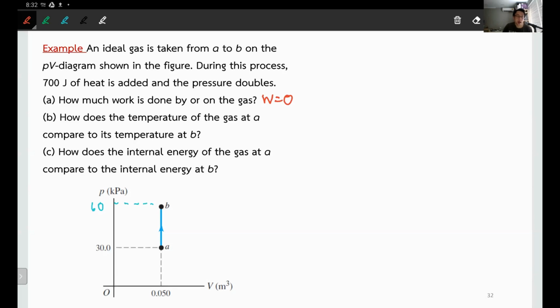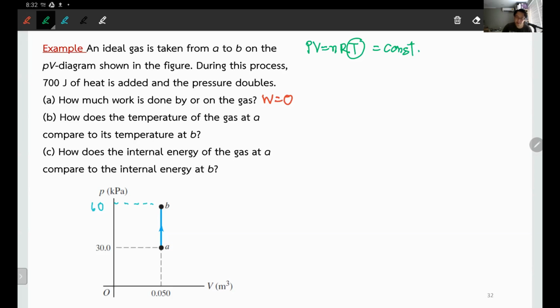Part B: how does the temperature of the gas at A compare to its temperature at B? If you still vaguely remember, we already discussed that whenever you have a PV diagram, you combine it with PV equals nRT. When you fix the temperature, you are considering a constant temperature process, so the whole right-hand side is a constant.